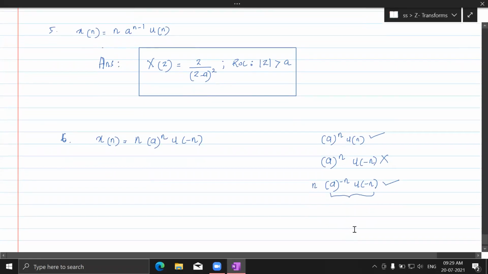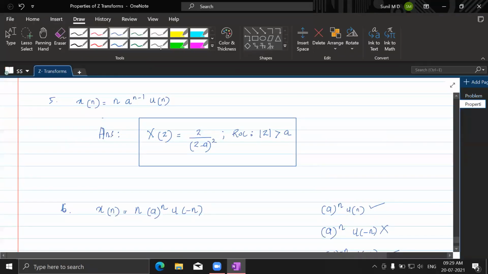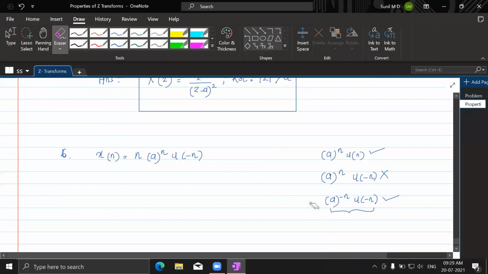Everybody understand that? See here, this is what you will start with. This is the first signal you will start with. Let me just show you how the flow should be. So this is the first signal that you will catch hold of to begin with. Then I need this for time reversal.